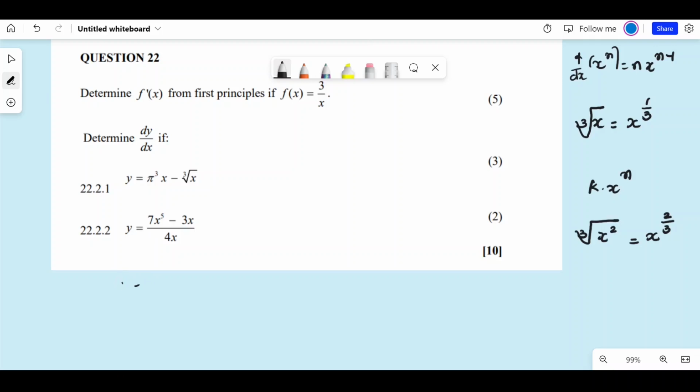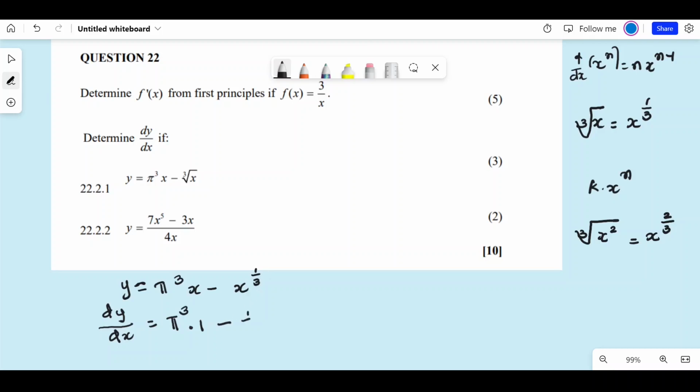So here y equals pi cubed x minus x to the power 1 over 3, changing to exponential form. Now this is ready to differentiate. So when it is ready, you write dy over dx. When it's y, the derivative is dy over dx. Pi cubed is the constant here. Derivative of x is 1.